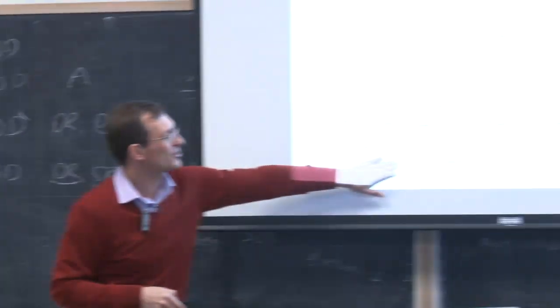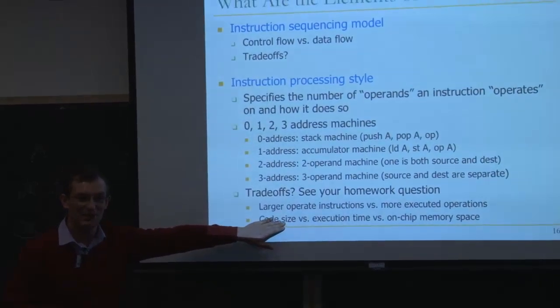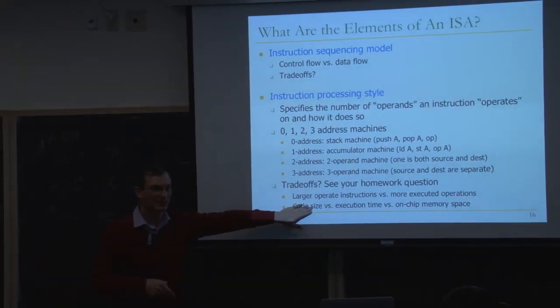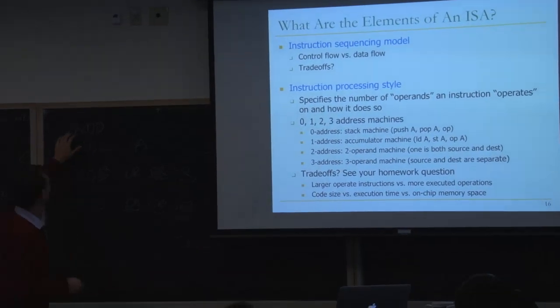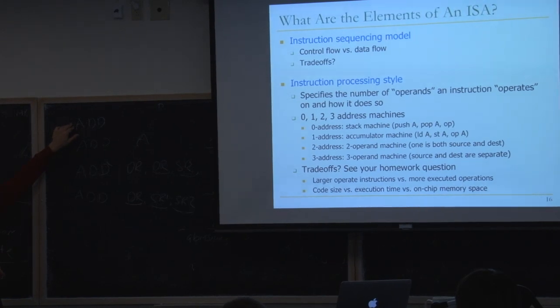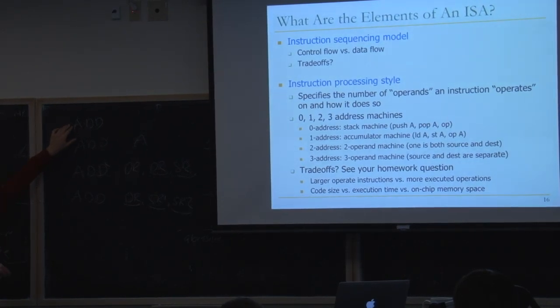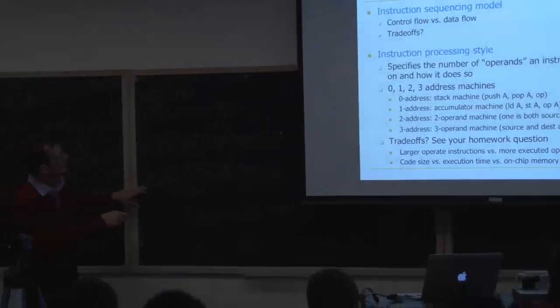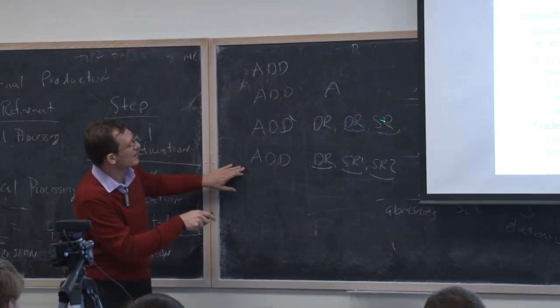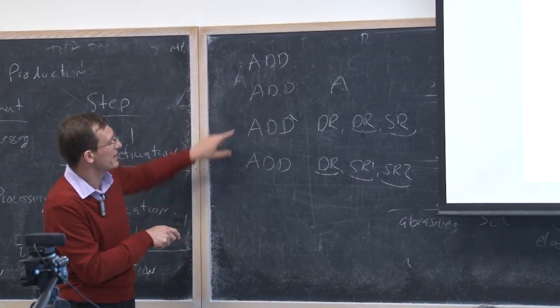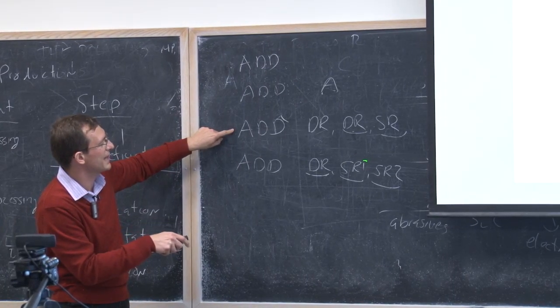Code size versus execution time versus on-chip memory space is a trade-off also. Right? Your code size might be really small with the stack machine, but you may need more operations. Your instruction size can be really small with the stack machine. Right? But again, you may need more operations. Again, your instruction size here may be smaller than a 3-address machine. A 2-address machine has an instruction, at least an operate instruction size that's smaller than a 3-address machine.